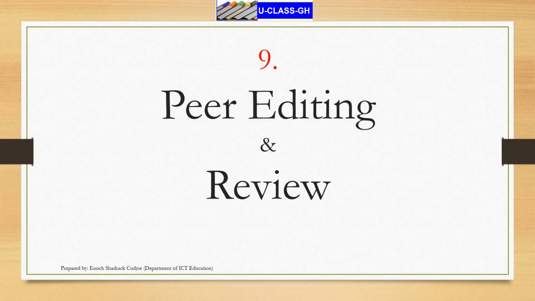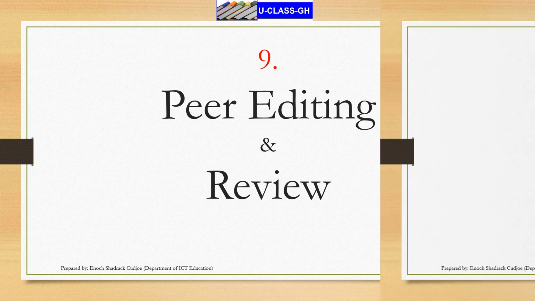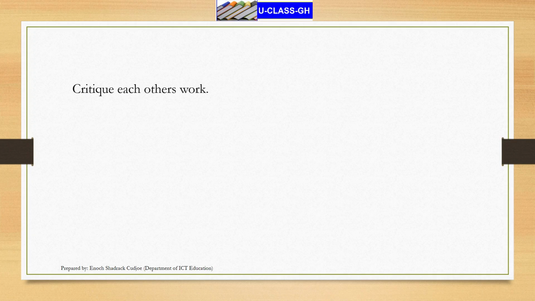The next one is peer editing and review. Very simple. Here we allow classmates and colleagues to critique each other's work by editing them, reviewing them, and then evaluating them.